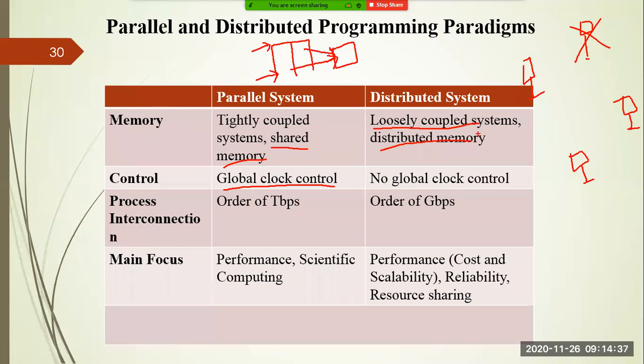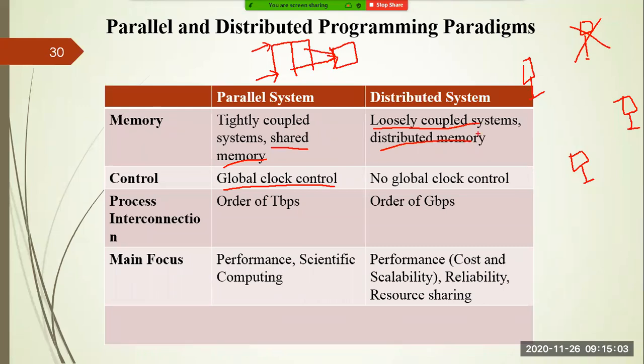Now come to the distributed system. Here the performance we want to achieve is in terms of cost and scalability. We'll see how we can minimize the cost. Scalability says that as many resources as possible you can add into your system. Suppose today you require 10 resources, it is available.